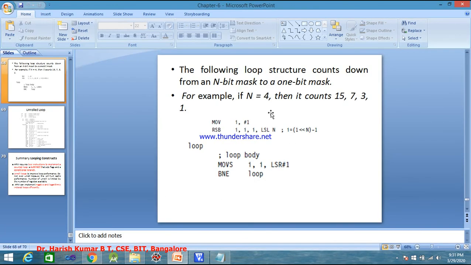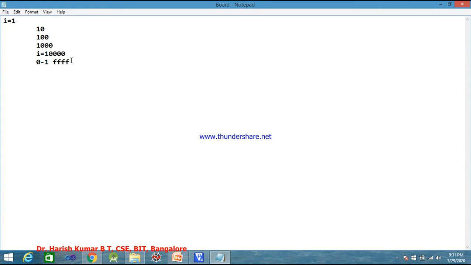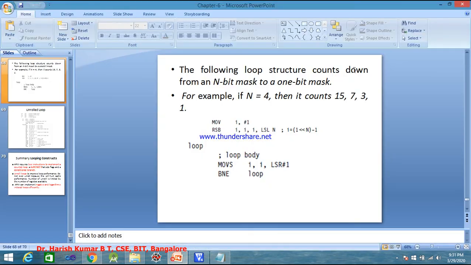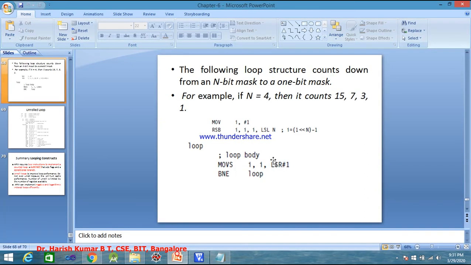Sorry, it gives you 1 1 1 1. That is nothing but f. Now that is 15. And next time inside this loop, you shift right this by 1 bit.